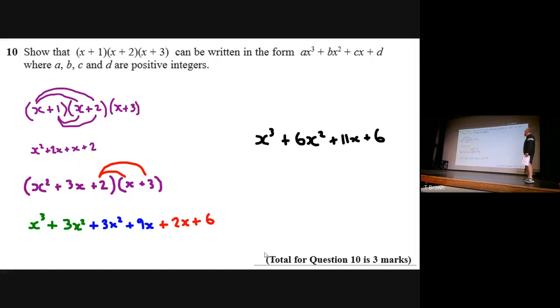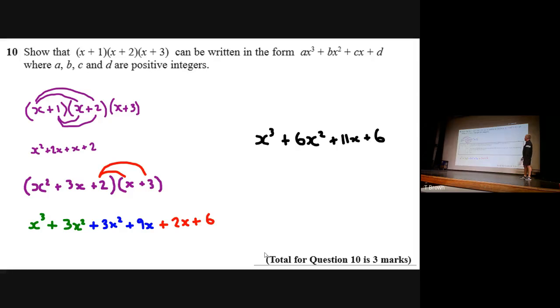Then we've got to collect up those like terms. And that will give us x cubed plus, so we add the 2x squared up. So that gives you 3x squared plus 3x squared gives you 6x squared plus 11x plus 6.